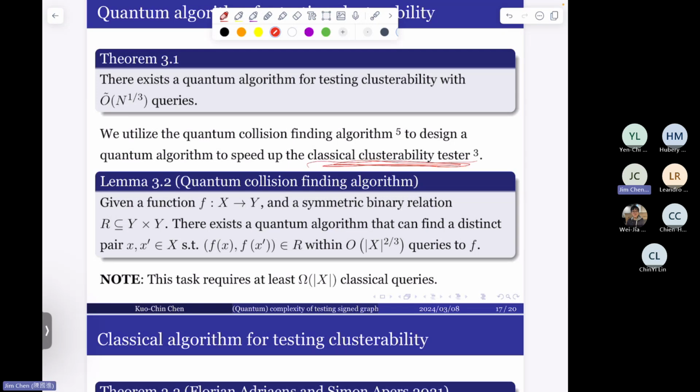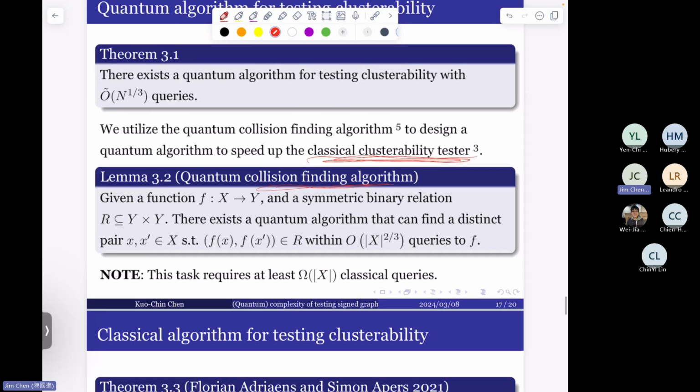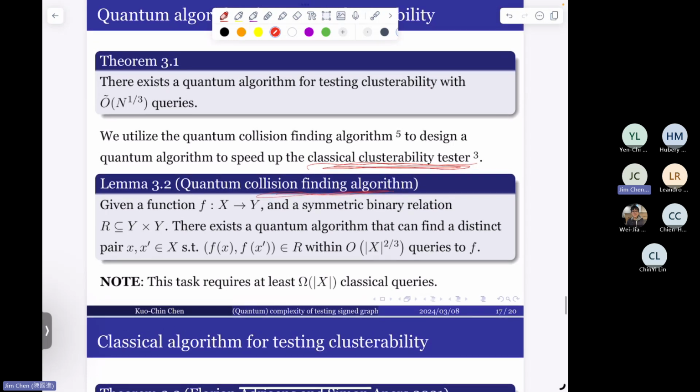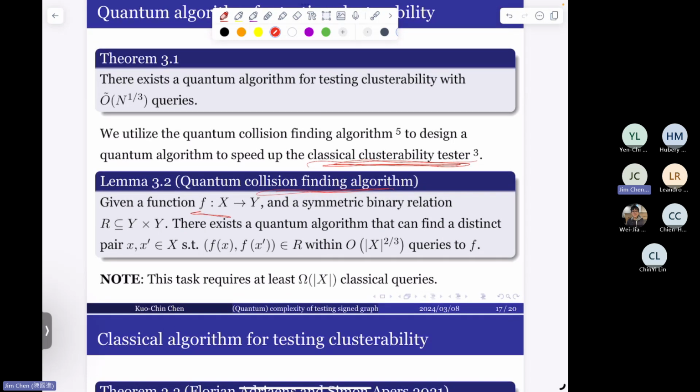So, what is the collision finding algorithm? Let's consider we are given a function which maps a set X to another set Y, and we also have a symmetric binary relation.